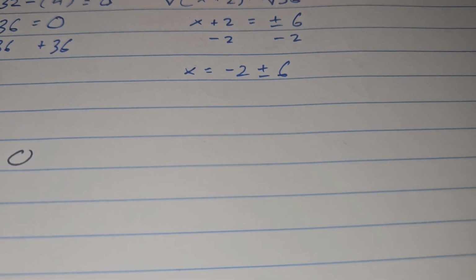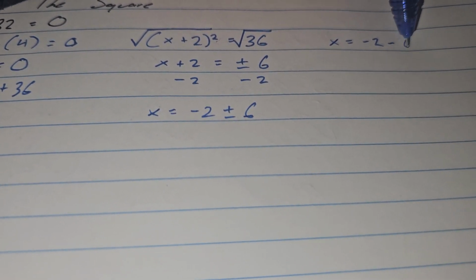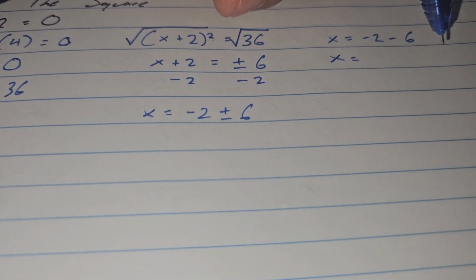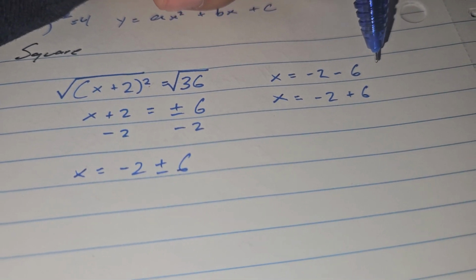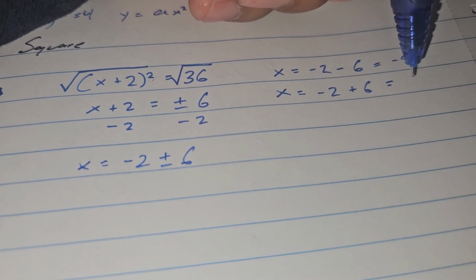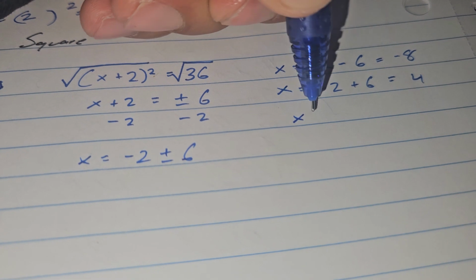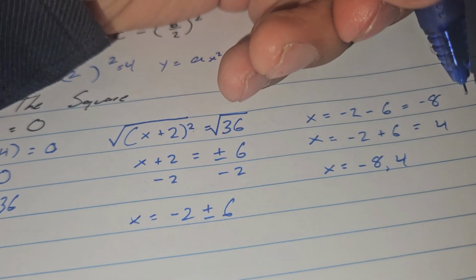All right, so this means that x is equal to negative 2 minus 6 and x is equal to negative 2 plus 6. So this equals negative 8 and this equals 4. So x is equal to negative 8 and 4, right?